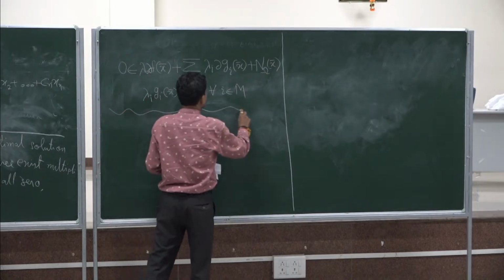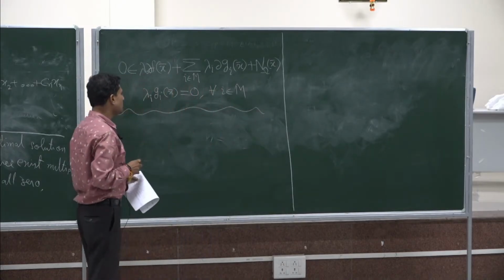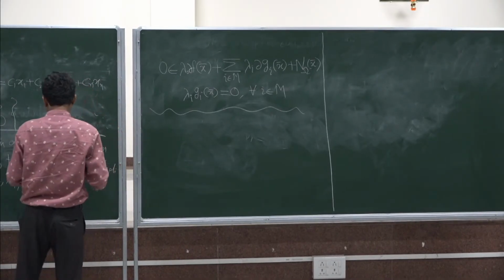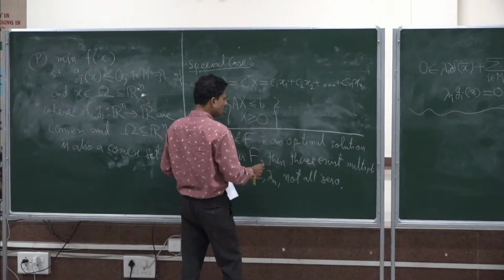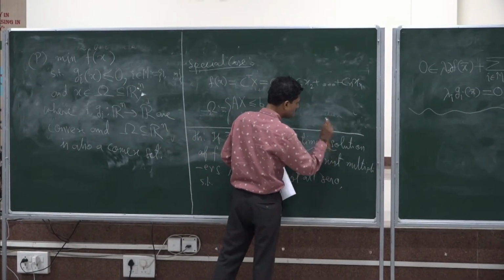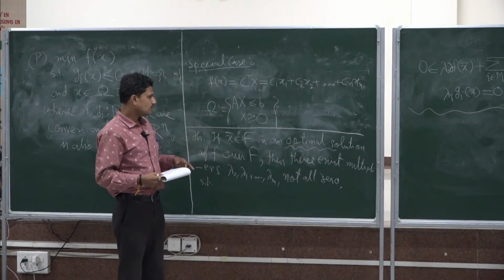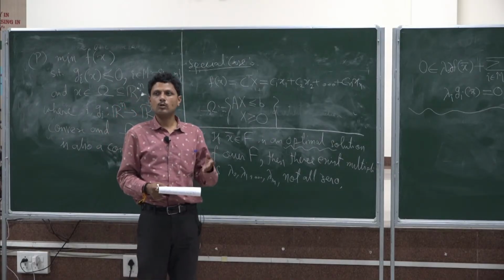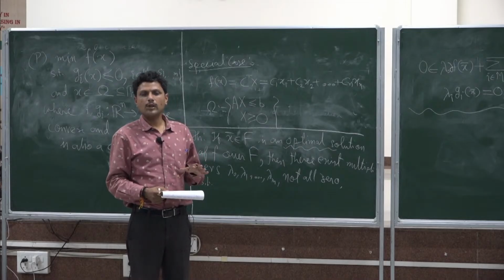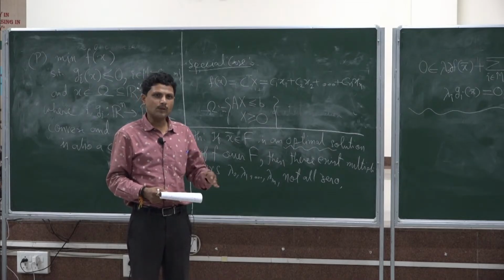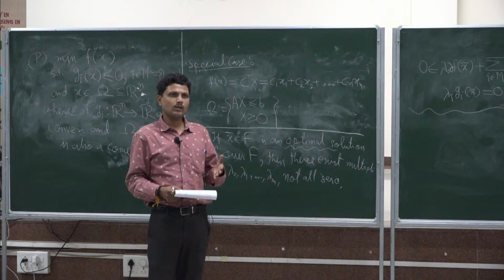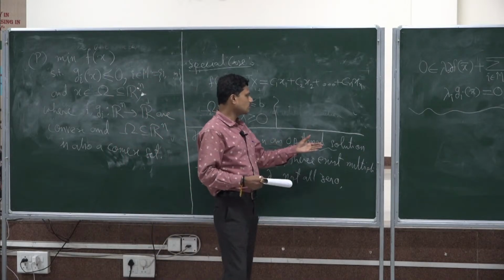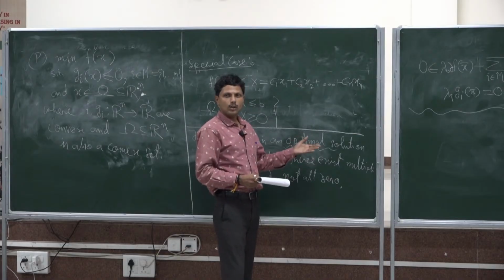So, this was the Fritz John type necessary optimality condition. Here we are taking an optimal solution, since we are dealing with convex optimization problems, and we know that for a convex optimization problem every local minimum is a global minimum. So we are taking a global optimal solution.